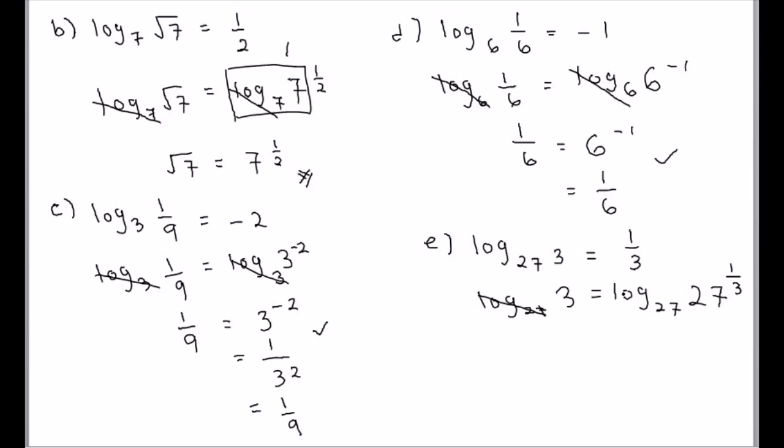We can cancel out log base 27, so we get 3 equals 27 to the power 1 over 3. This is the answer in index form. Okay, to check, we can continue. 27 to the power 1 over 3 is the cube root of 27. The cube root of 27 is equal to 3. So we get the correct answer on both sides.